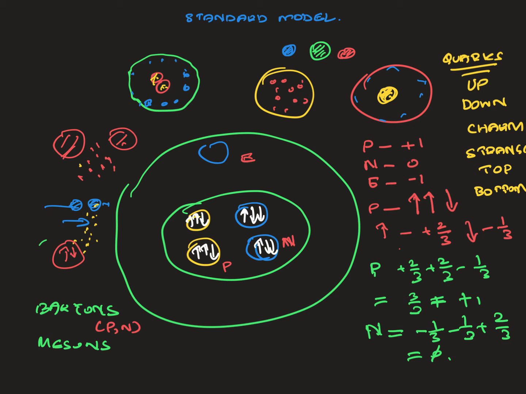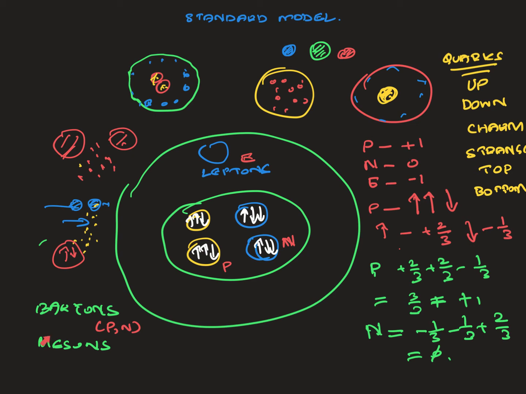And electrons, we call them leptons. That's another name for electrons. So we have lots of interesting names here. We have quarks: up, down, charm, strange, top, bottom. They are the small ones within quarks. Protons and neutrons, we call them baryons.